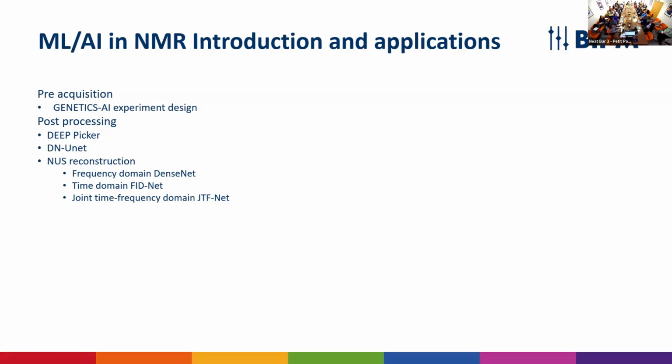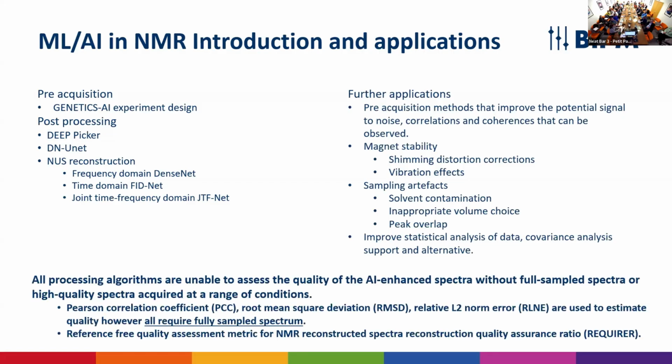So there are different domains that these come in, but JTF-Net is quite good in a way because they also looked at assessing the quality of the AI-enhanced spectra. They wanted a method that didn't require fully sampled spectra, because if you have to acquire fully sampled spectra to assess the quality of your non-uniform sampling reconstruction, you already have the fully sampled spectra, so why have you bothered doing the NUS reconstruction?